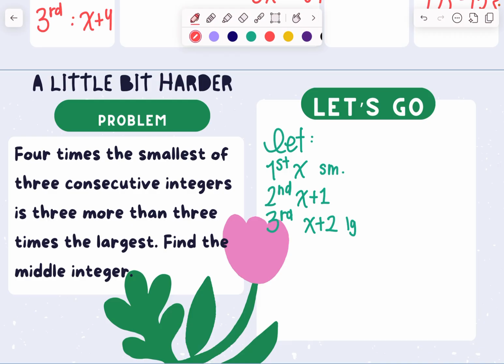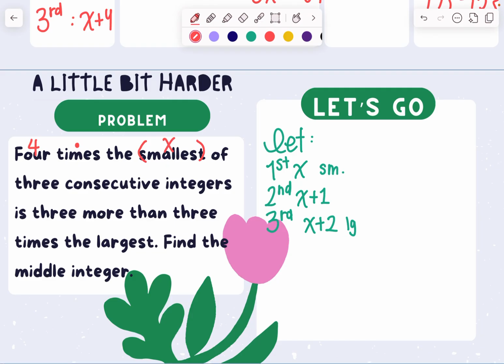My best advice for tackling a problem as wordy and complicated as this is let's just write these operations right on top of the words. So I'm seeing the word 4 times. That's meaning 4 multiply the smallest. Who did we assign to be the smallest? X. So I'm just going to put an X in there.